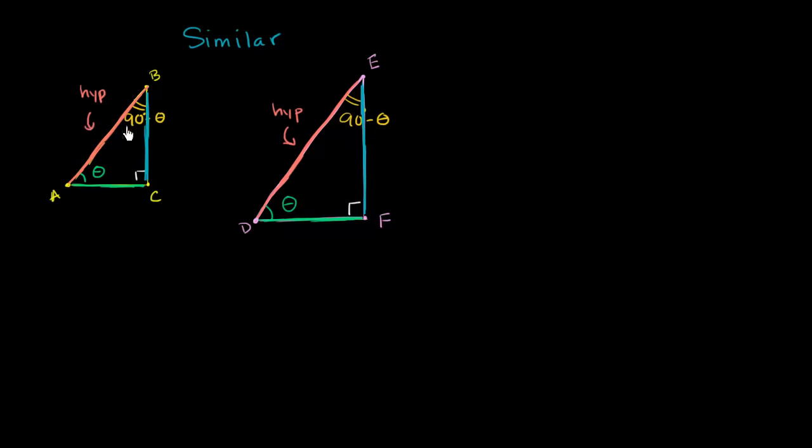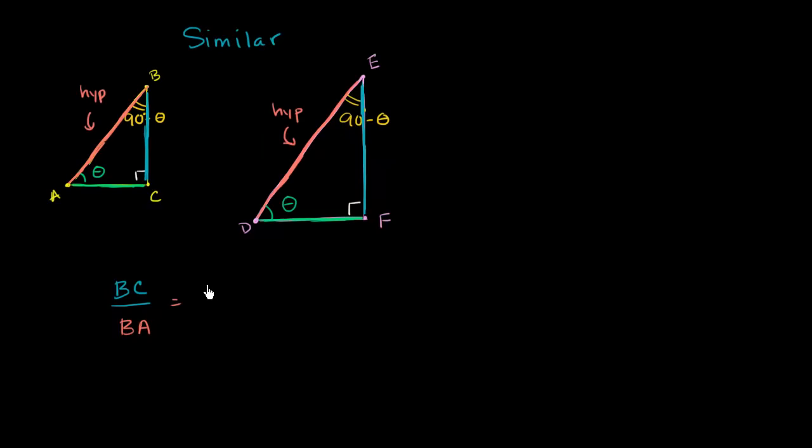So, for example, the ratio between BC and the hypotenuse, BA. So let me write that down. BC over BA is going to be equal to EF over ED.